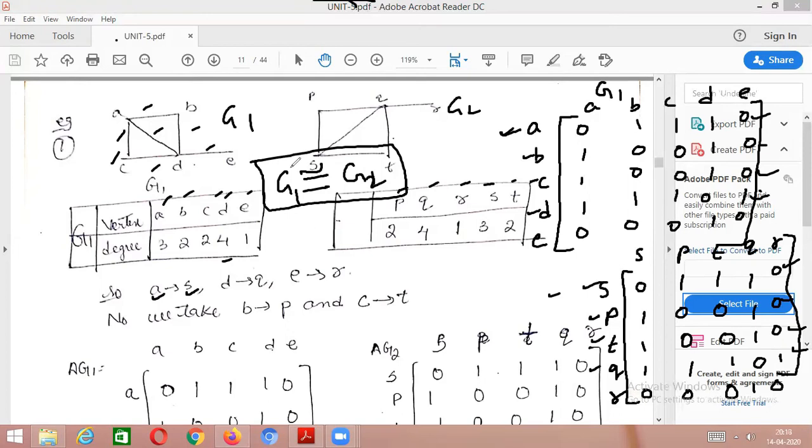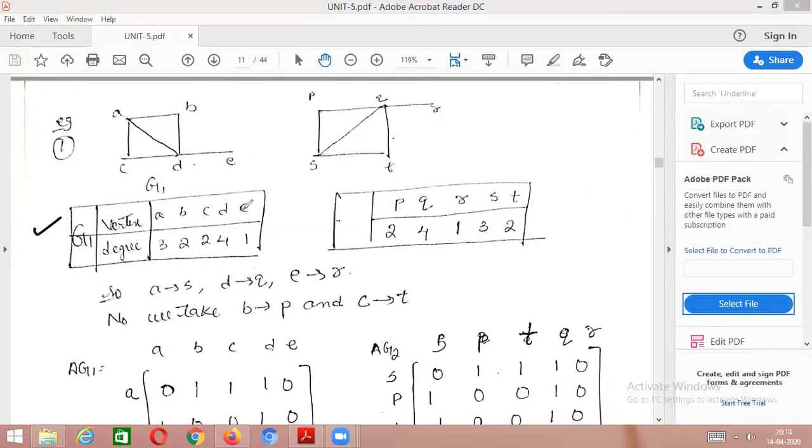If they are the same, then you write the degree sequences. If the same, then you write the adjacency matrix. If all of that is the same, therefore G1 and G2 are isomorphic. Now we see some graphs which are not isomorphic.